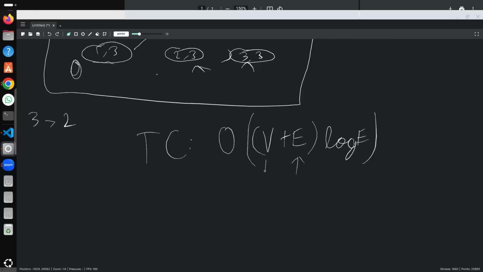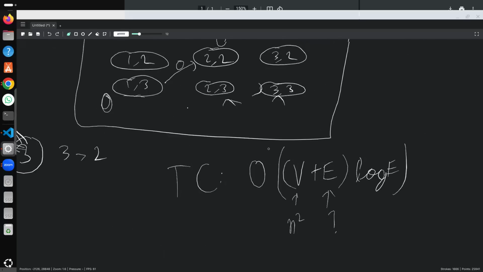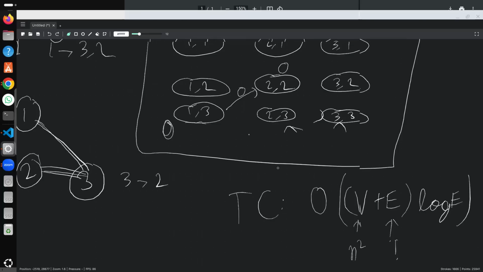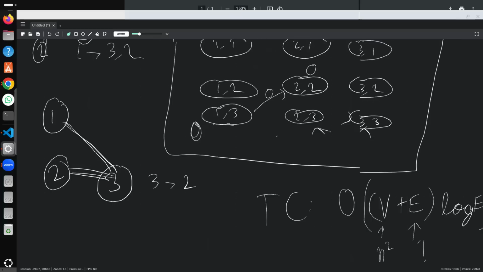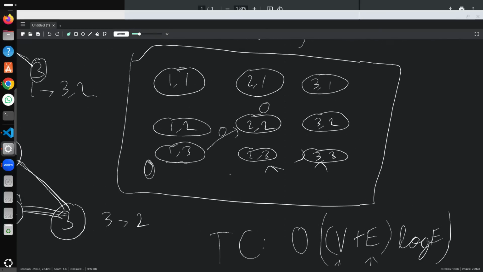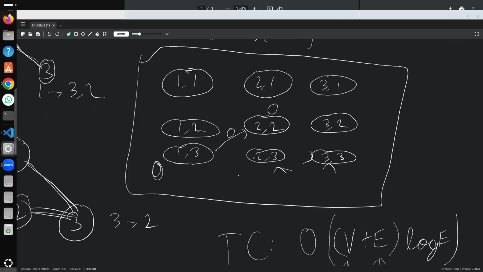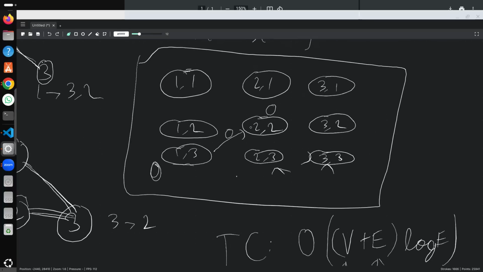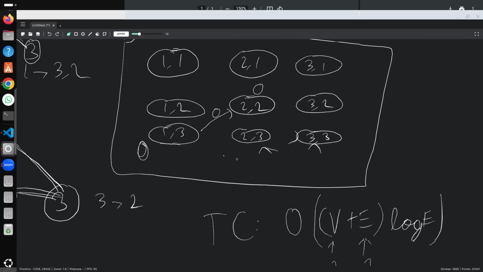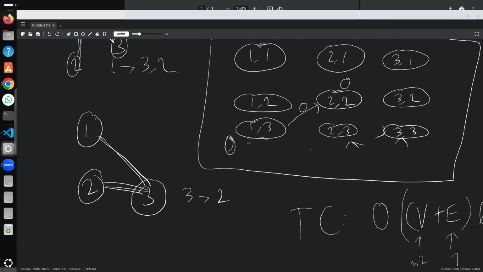V is just n square. But what is E? E is actually m square. See why? We need to count the number of edges in this graph.